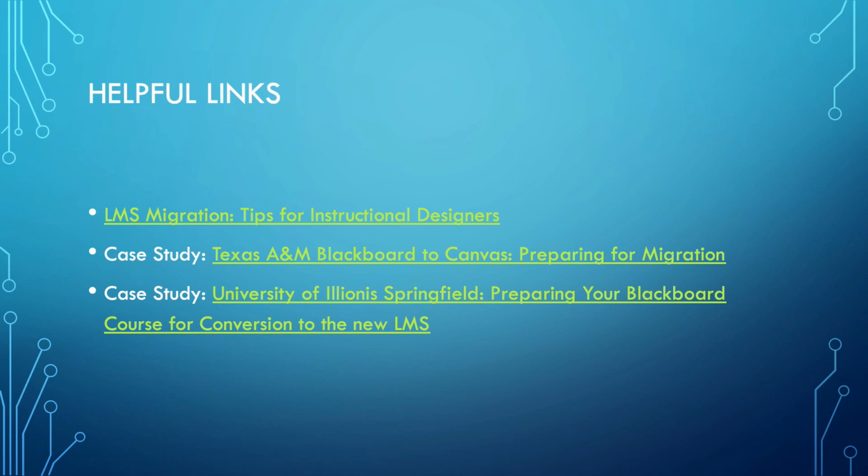And these are the two websites that were mentioned in the second part of the presentation. Even if you're migrating from or to a different learning management system than Blackboard and Canvas, both of these websites provide a variety of useful documents that serve as good models for helping faculty with that migration.